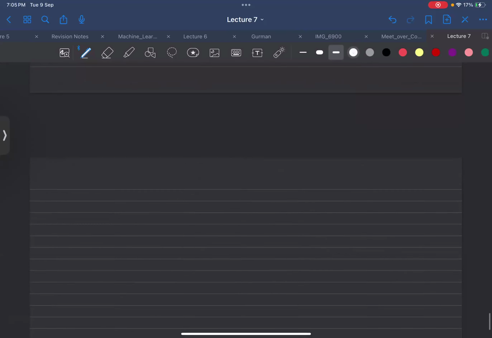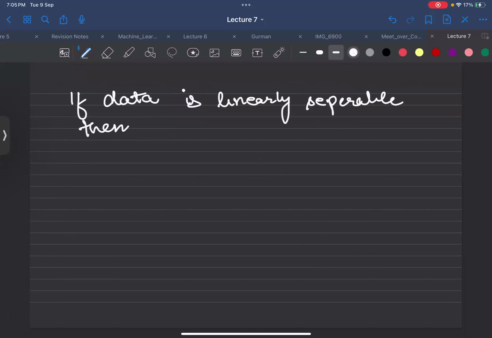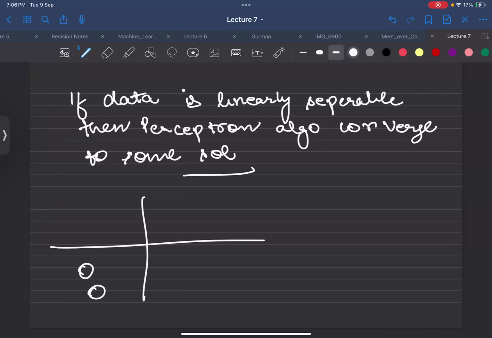So if data is linearly separable, the perceptron learning algorithm will converge to some solution. There can be many solutions as well.